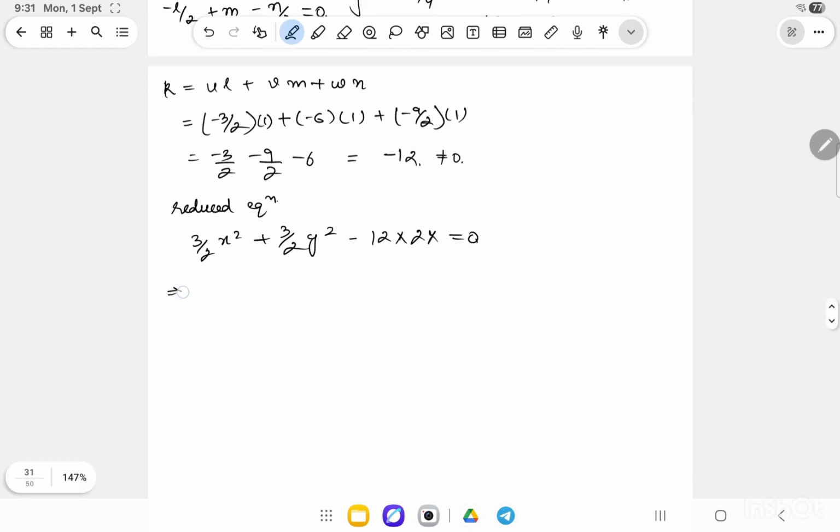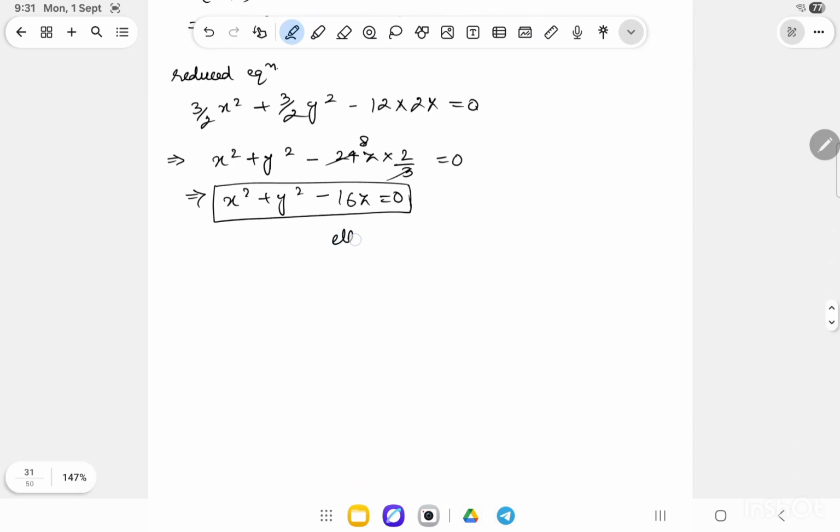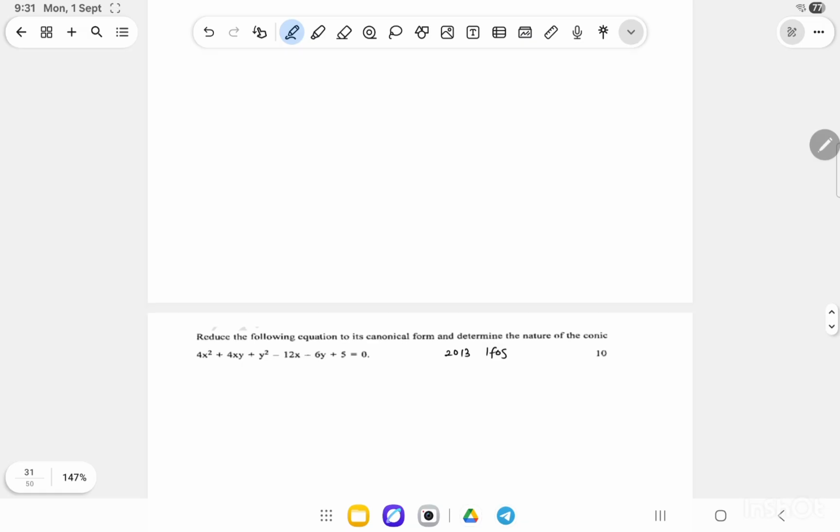If I simplify it, it is x square plus y square minus 24z into 2 by 3 equals 0, which gives x square plus y square minus 16z equals 0. So this is the equation of an elliptic paraboloid. The given general equation represents an elliptic paraboloid.